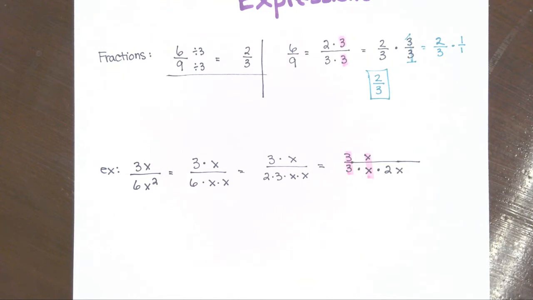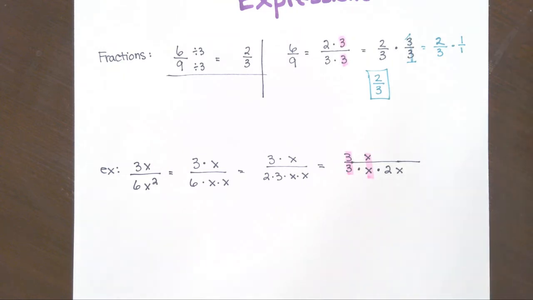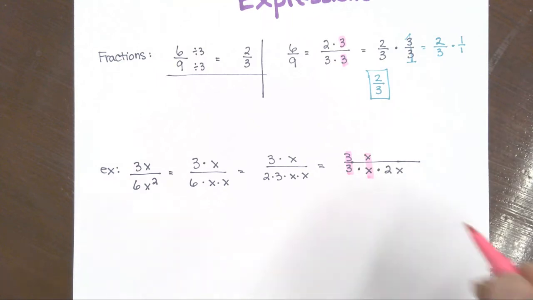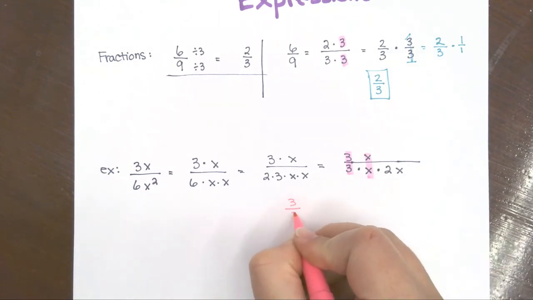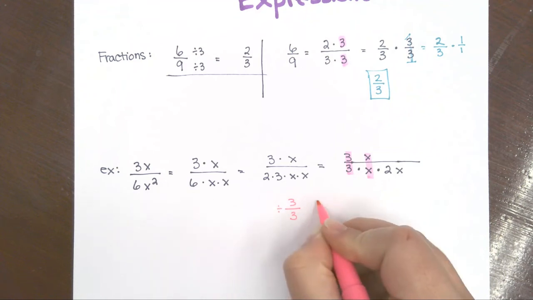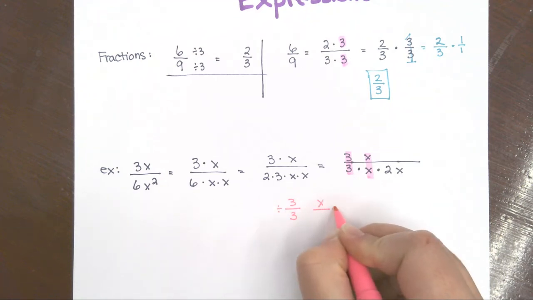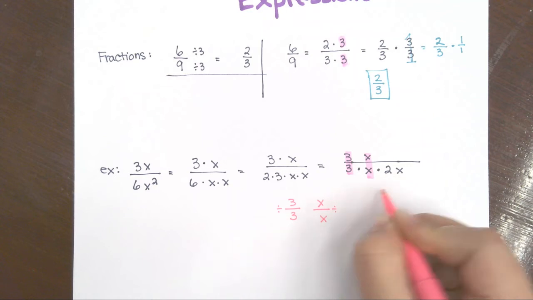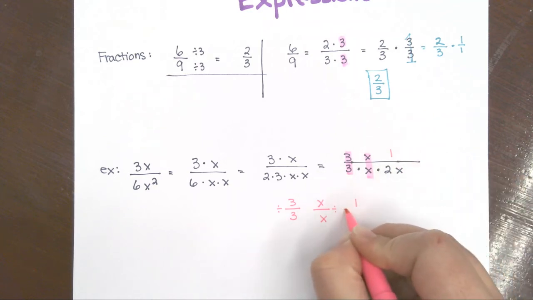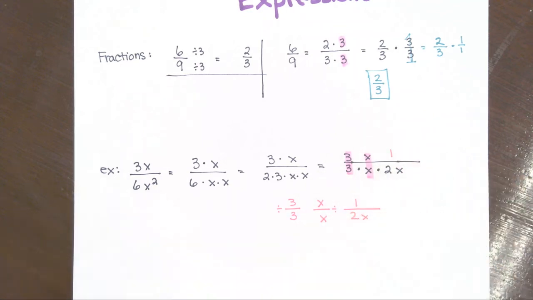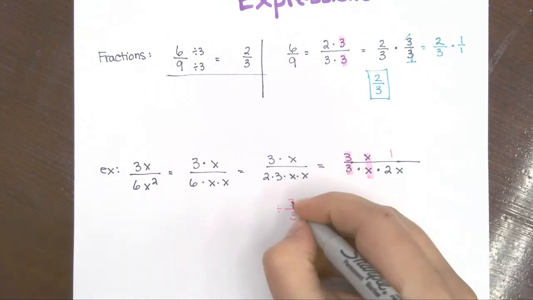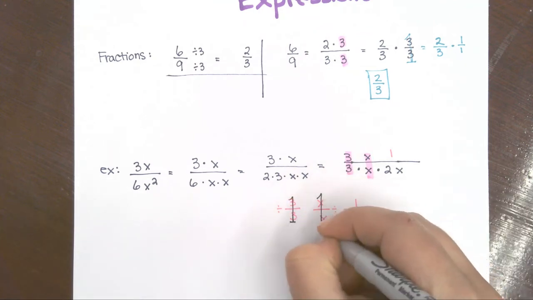Now this doesn't just cancel out. Cancel out is not an actual mathematical term. So what we do is we divide out. We have 3 divided by 3, and we have x divided by x, and I'm going to put a placeholder of 1 over 2x. 3 divided by 3 is 1. x divided by x is 1.